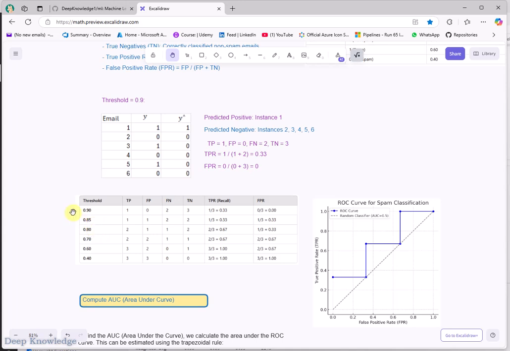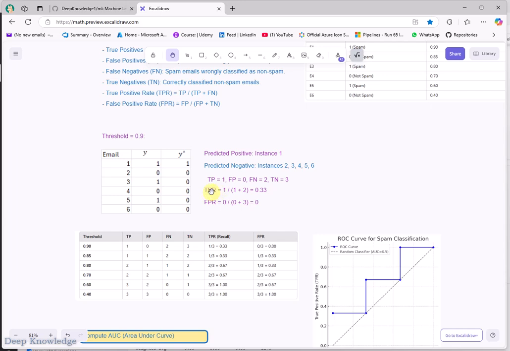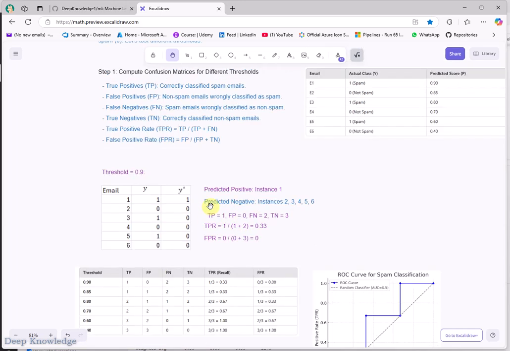And I have just prepared this table here. I forgot to mention that the true positive rate and false positive rate can be applied here. So the true positive rate is true positive divided by true positive plus false negative; for instance, we have 1 divided by 1 plus 2, so it's 1 divided by 3.